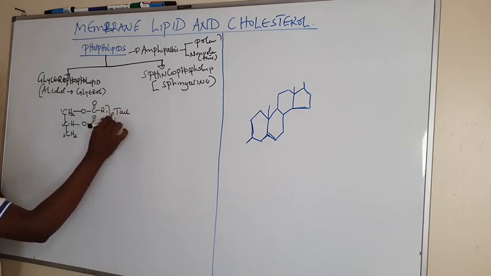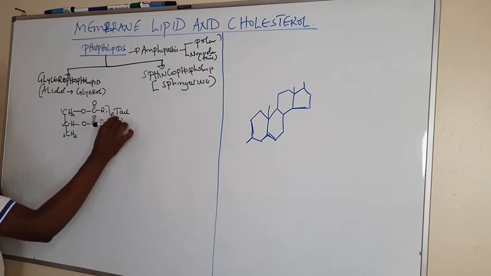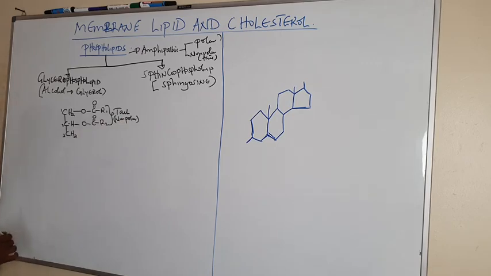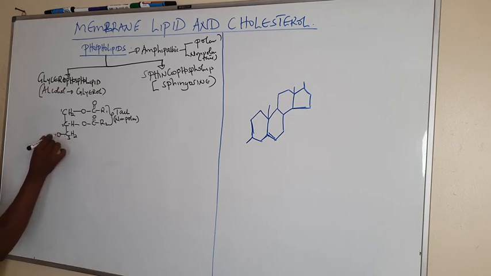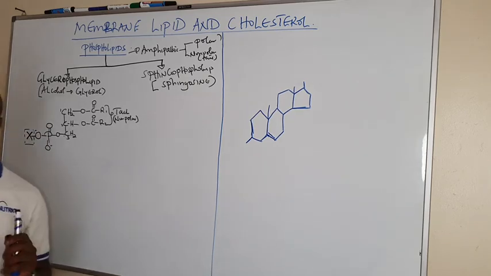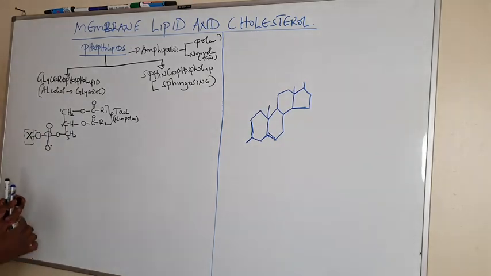And this tail is non-polar, or hydrophobic. Then the third carbon is the one that is attached to the phosphate group. And this phosphate group has a variable region which we denote with X, which brings the difference in different glycerophospholipids.